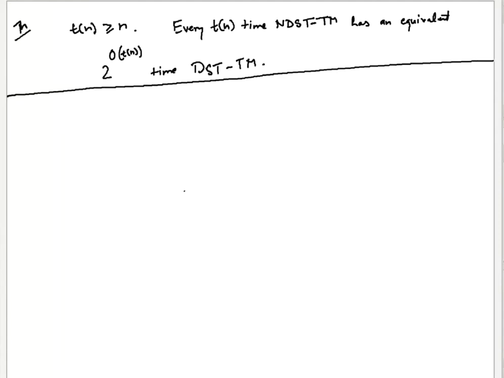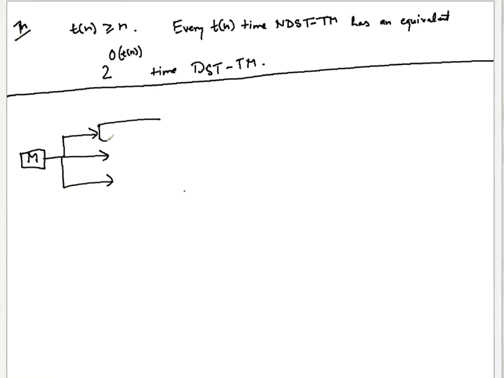Before that, you need to understand the conversion, right? If we really want a quick preview, whenever we had a non-deterministic Turing machine, we were converting it into a 3-tape deterministic Turing machine, right? There were 3 tapes.